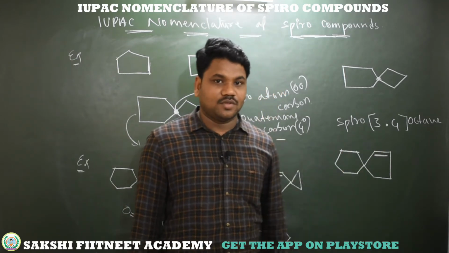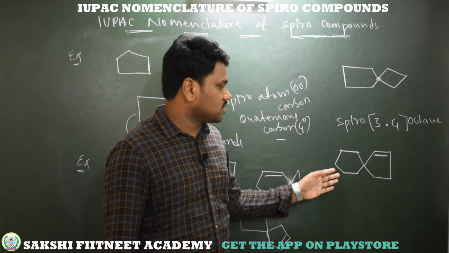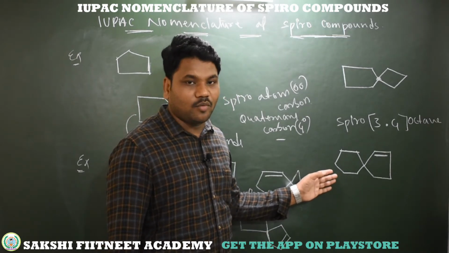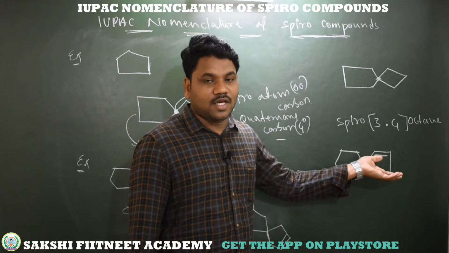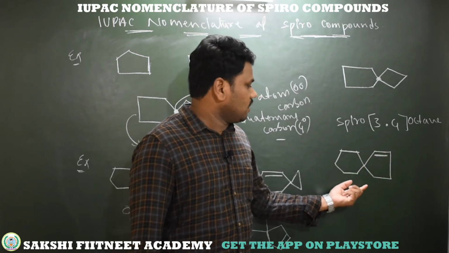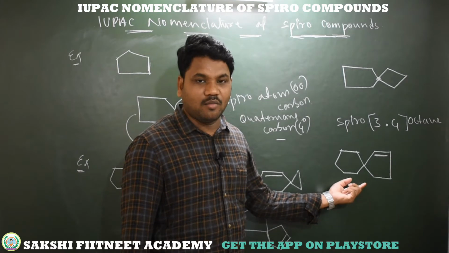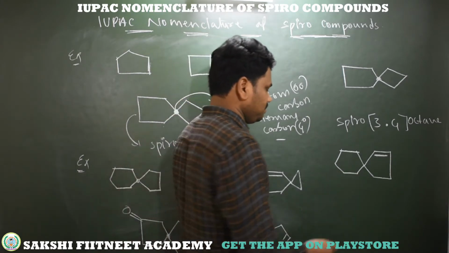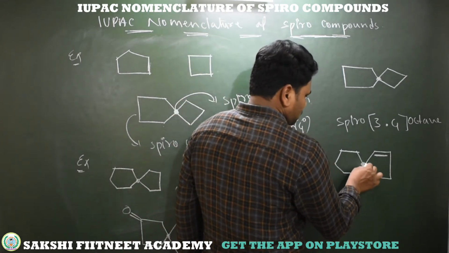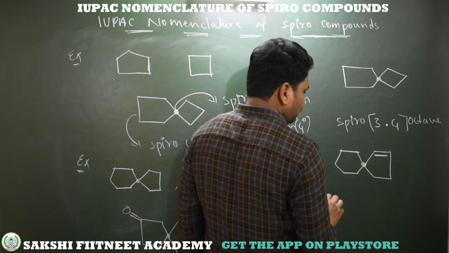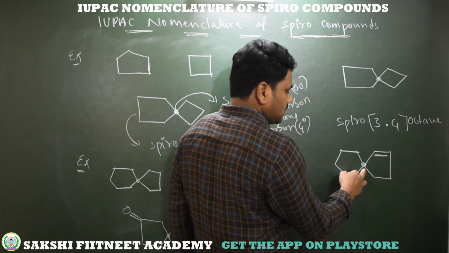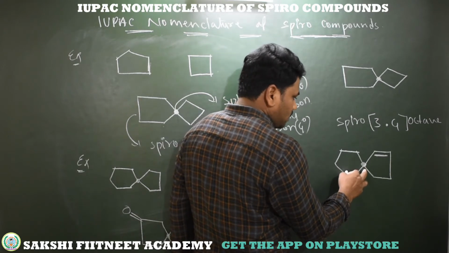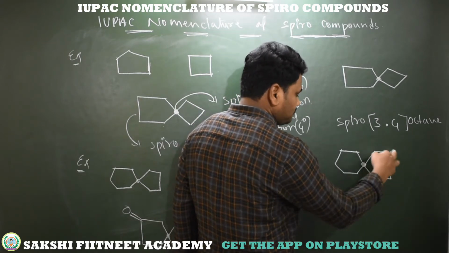or if we have any other functional group, we must give numbering to this compound to mention their positions and what functional groups are there. So numbering should start from, see here, this is the spirocarbon. Numbering should start from the carbon adjacent to the spirocarbon, from the small ring.